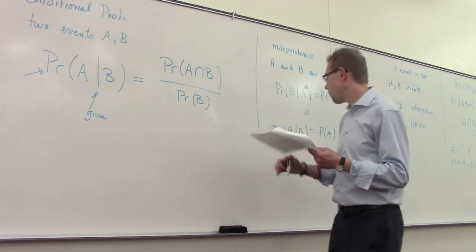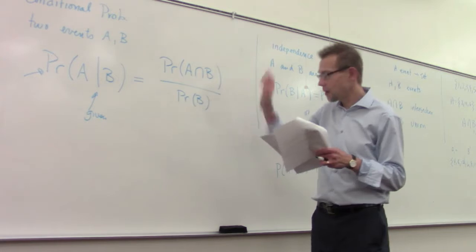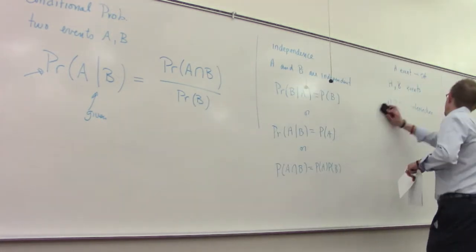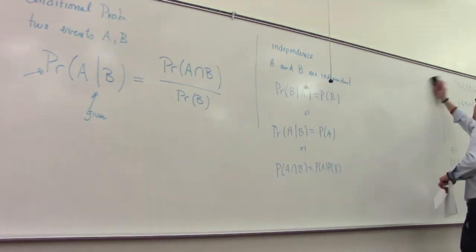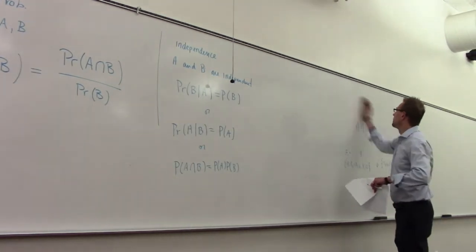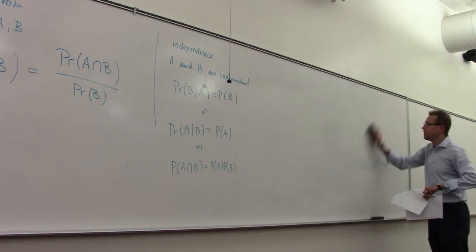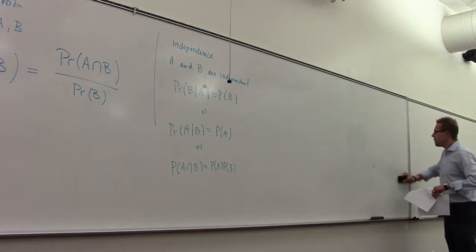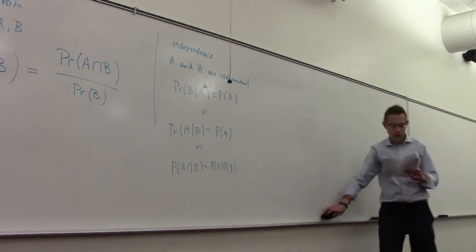Okay, so the next important point, again, this is all 2100 review, is that the term independence is with respect to events. We talk about two events being independent if the following are true.